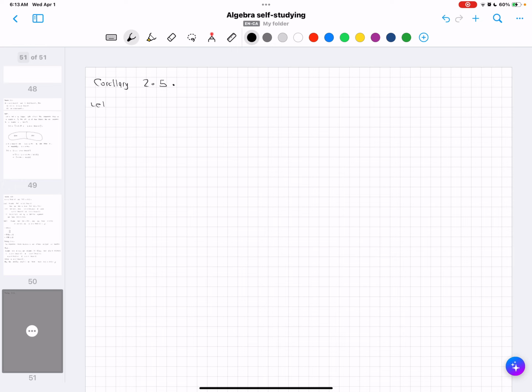Let n be an integer bigger than 1, and consider congruence modulo n.